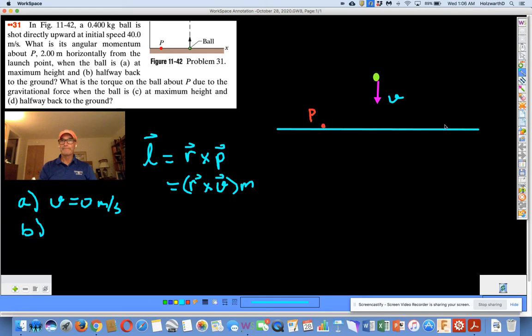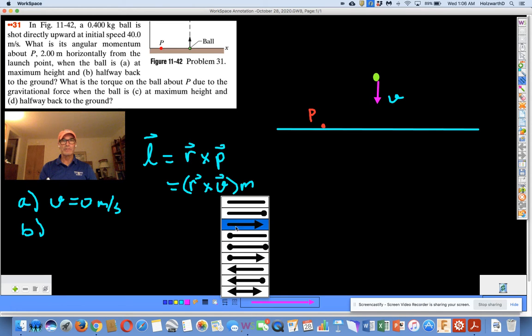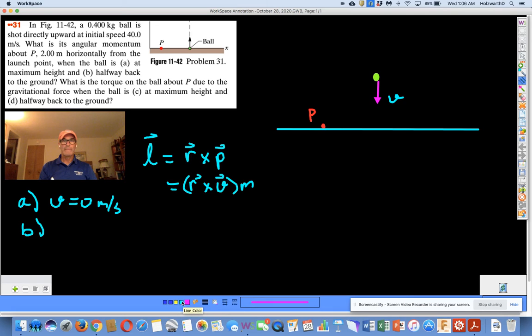But here's the point. I'm going to draw a line from point P to the location of the ball. Let's make this somewhat faint. This is your r. Geometrically, that's going to be your distance.